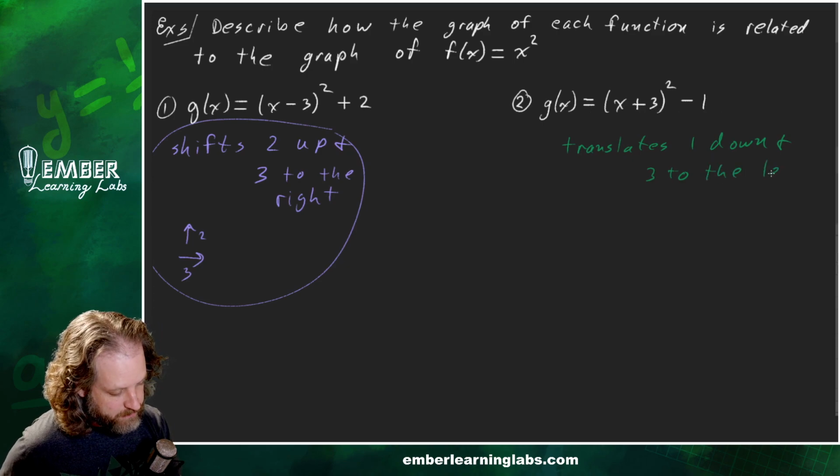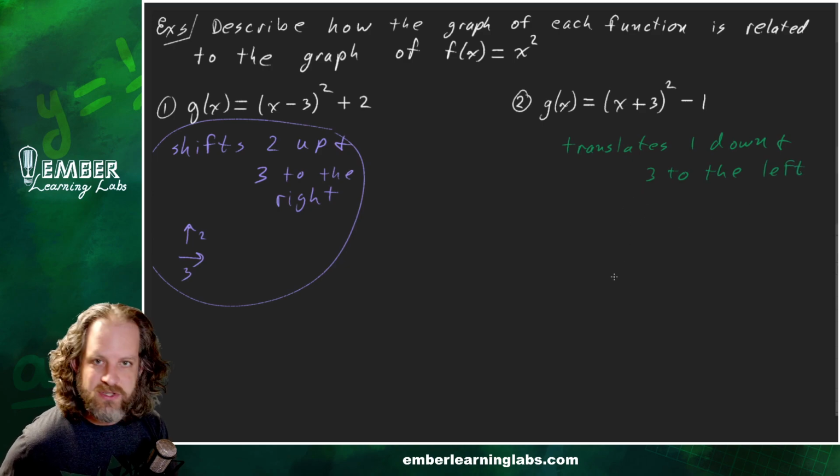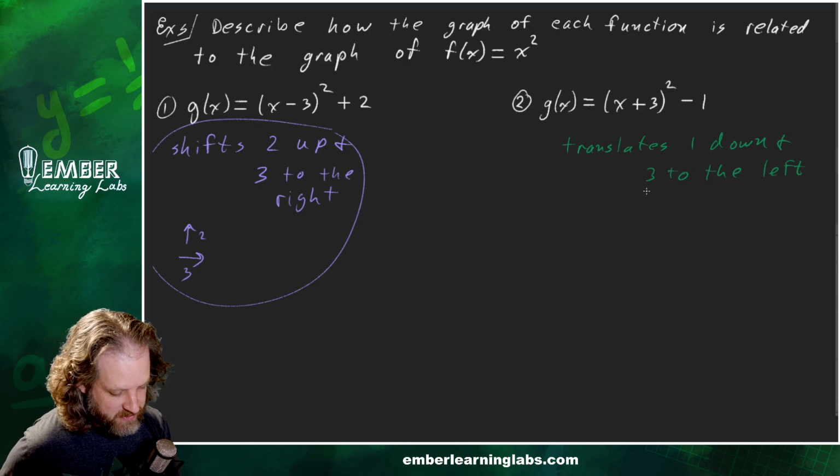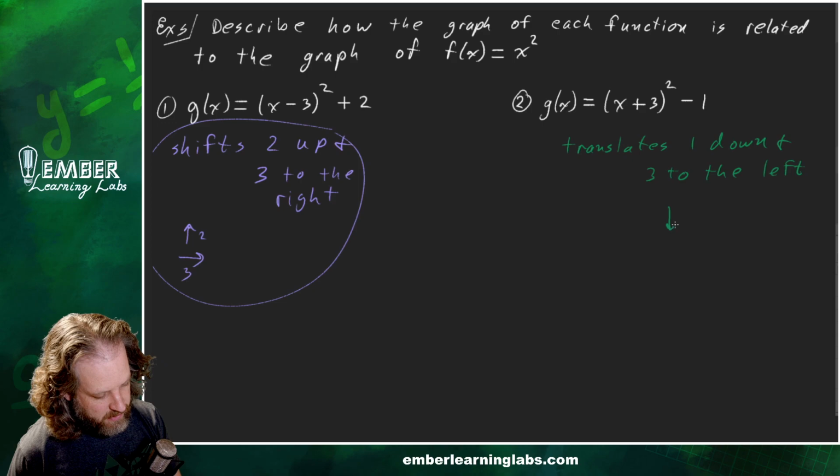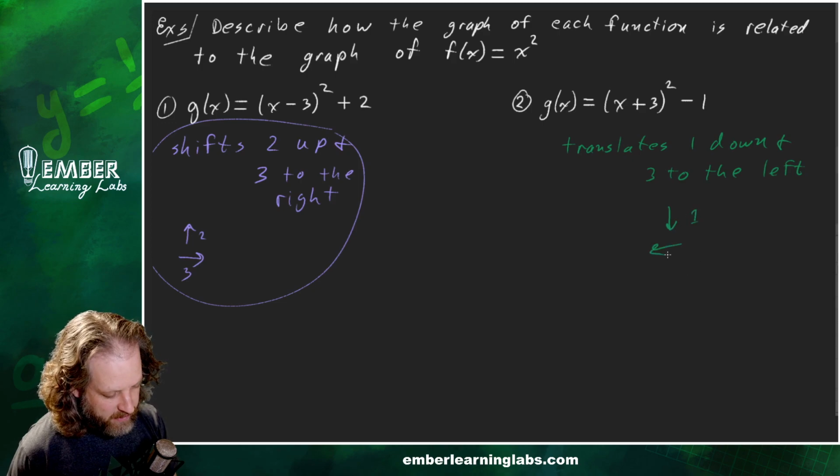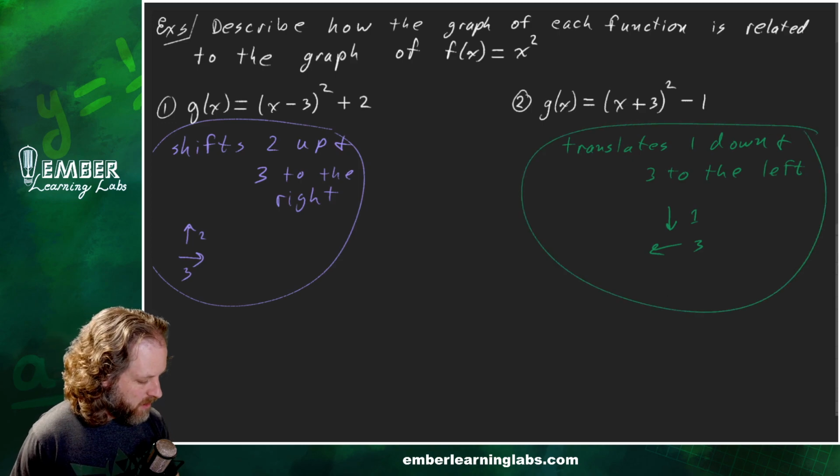Because it's opposite in there. And then I like to put it in symbols too, just because it's easy for reference later. So it shifted down. That's a weird looking arrow. Down 1 and to the left 3, right? There we go.